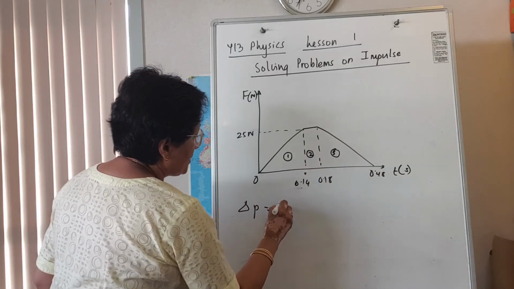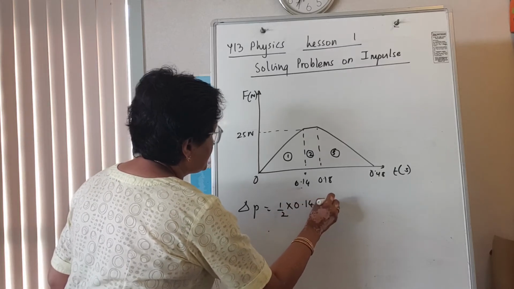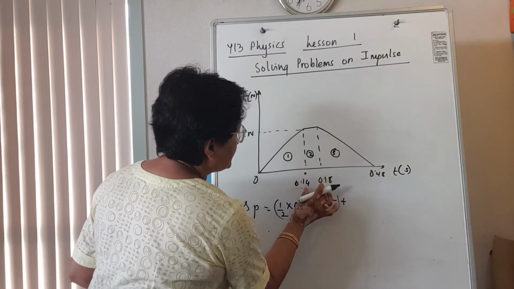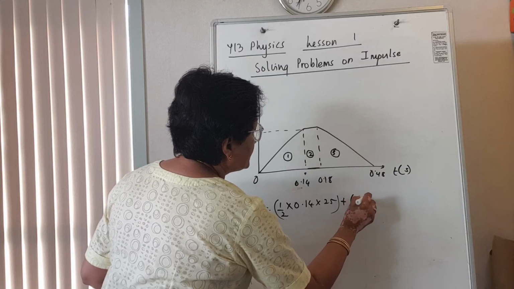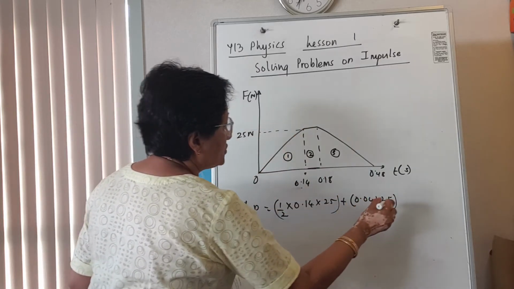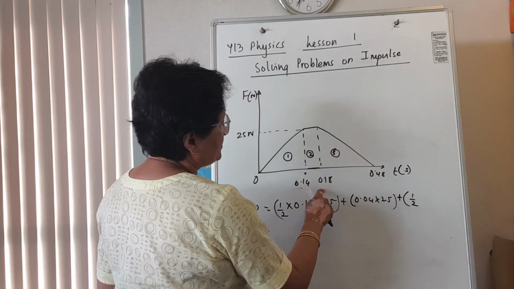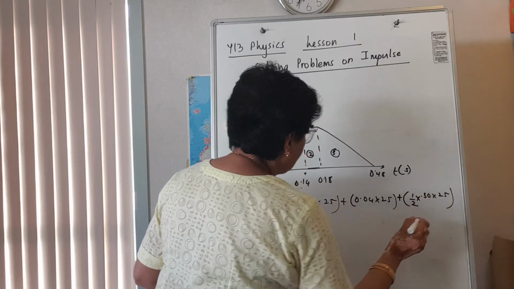This is that of a triangle. So you just go half base times height, plus this is a rectangle. So this is 0.04, this little distance there, 0.04 times 25. So the height is 25 for all of them. And the last one is half of 0.48 minus 0.18, which is 0.30, times 25.